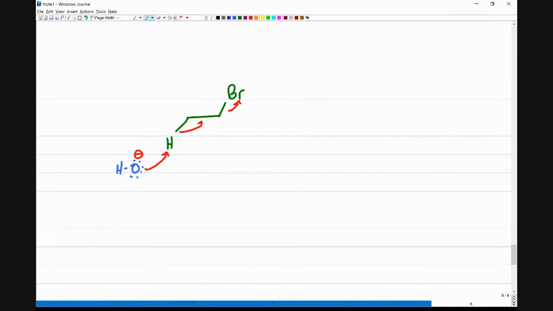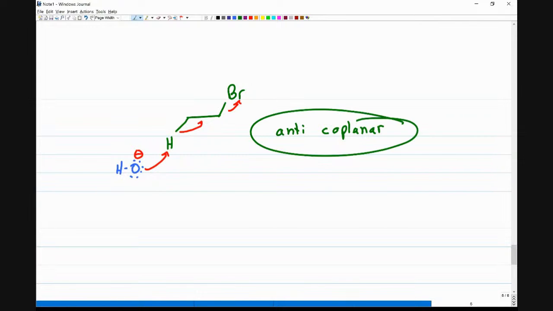So it's a domino effect where they have to be perfectly lined up so that the electrons can fall one into the next, into the next. Do you see how this is perfectly lined up? This idea is that they have to be anti and coplanar. So many professors will teach anti-coplanar but will not explain it. They have to be perfectly lined up.